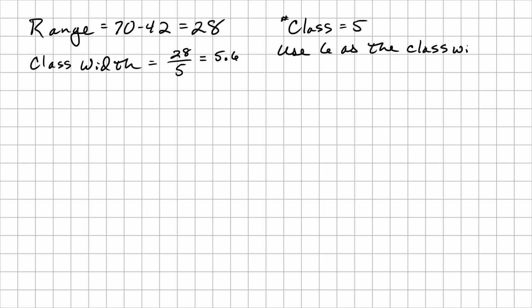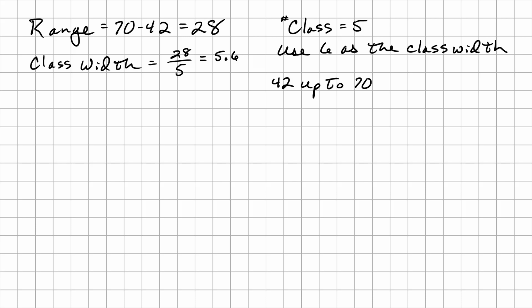Now remember that I said use the next convenient integer, because sometimes that's not going to cover all of the data values. Remember, the data values here range from 42 at a minimum up to 70. Now what I want to understand is, will this 6 class width cover all of these data values?